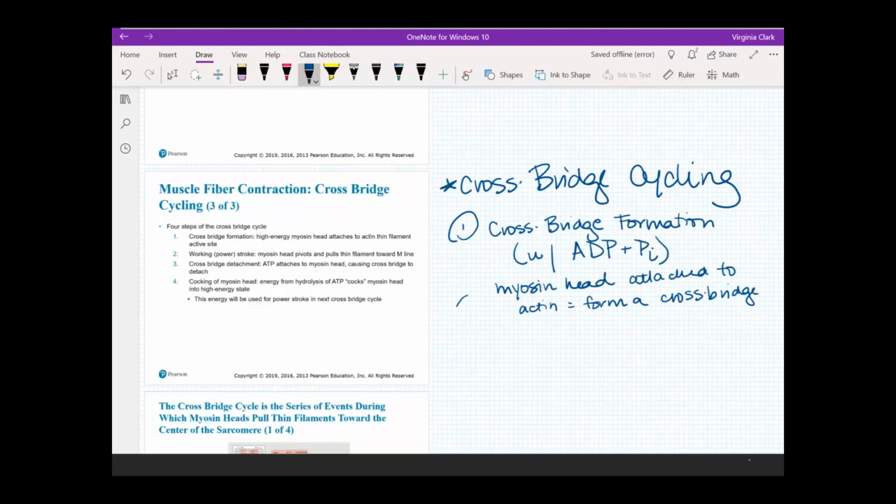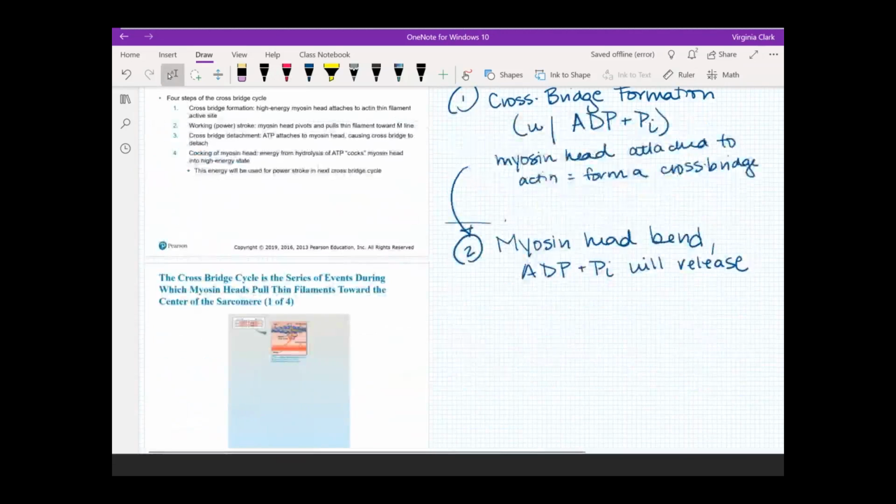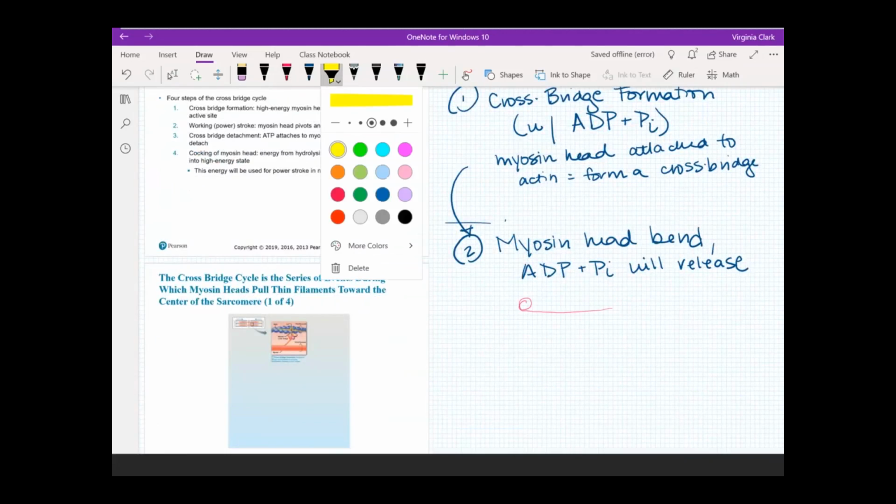So then the next step is going to be 2. So your myosin head will bend. And when your myosin head bends, your ADP and your phosphate will release. So when we're talking about our myosin head, here's my myosin head.